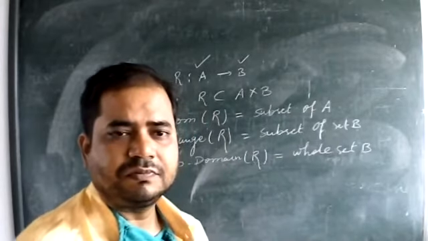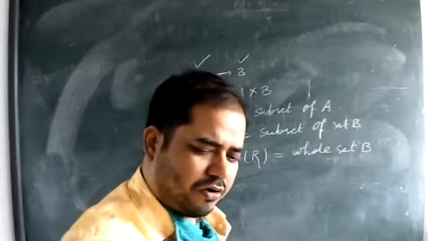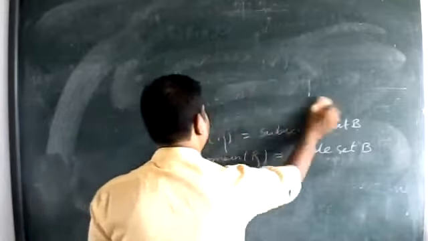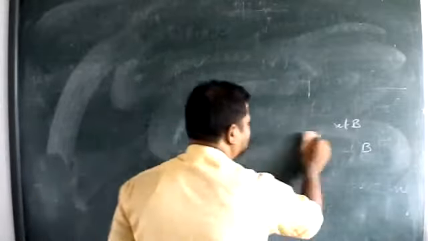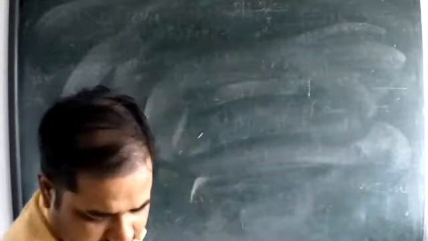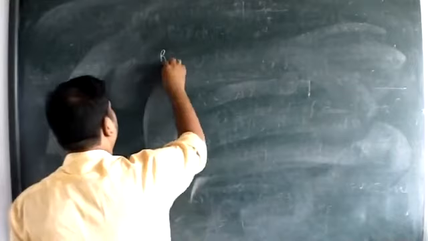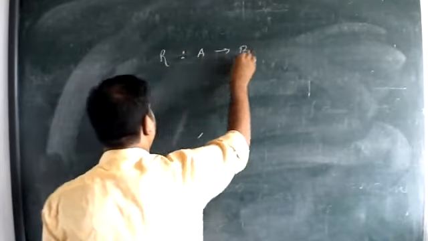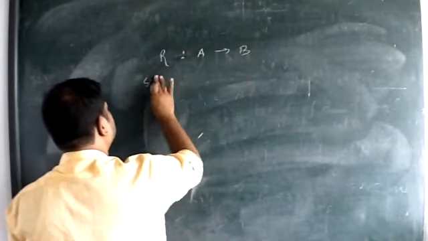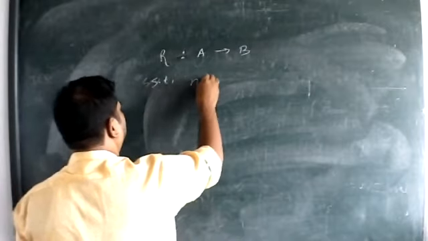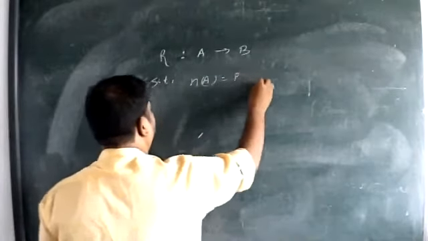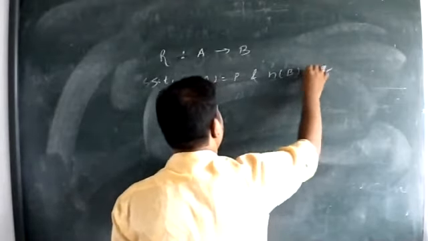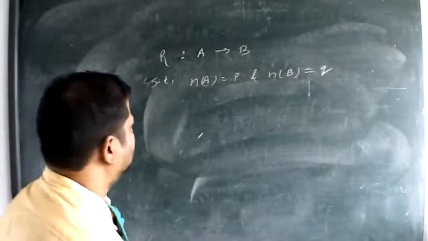Next, the total number of relations from A to B. Suppose we have given a set A and set B, and R from A to B, such that n(A) is equal to p and n(B) is equal to q.